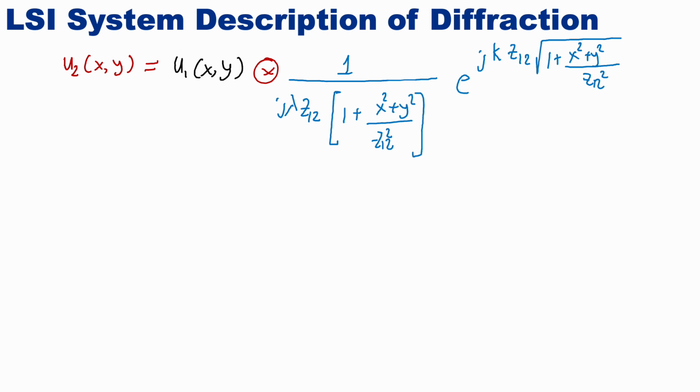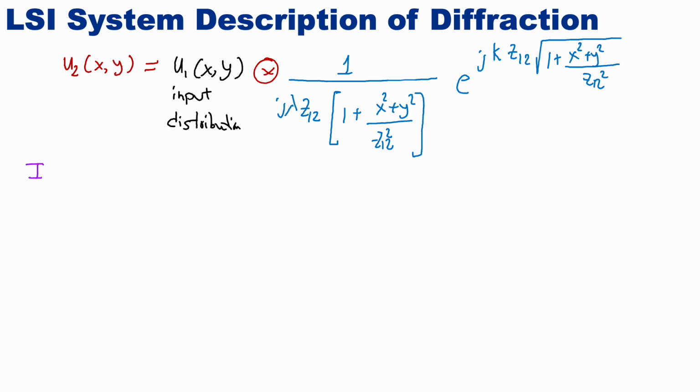When we are talking about linear shift invariant systems, or the analogous linear time invariant systems, we always define that the output signal is the input convolved with an impulse response.